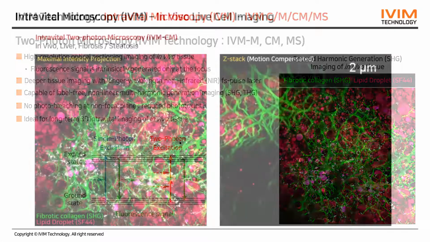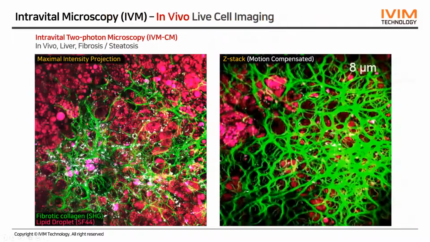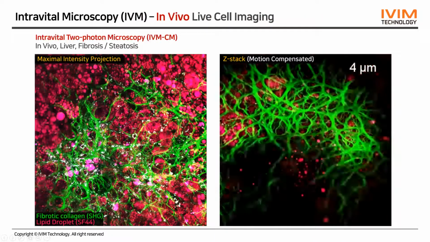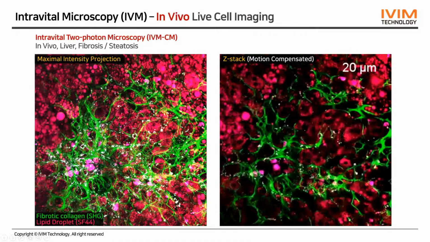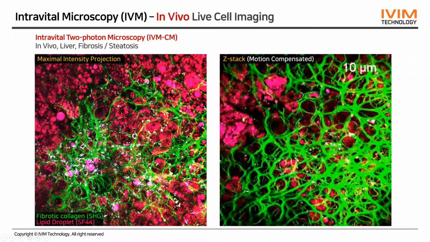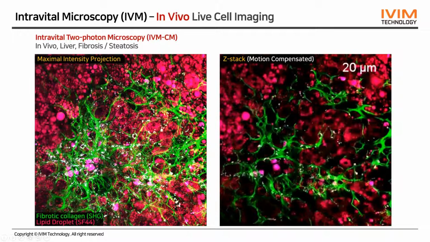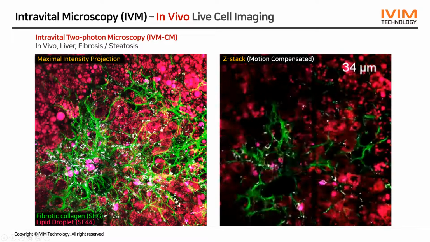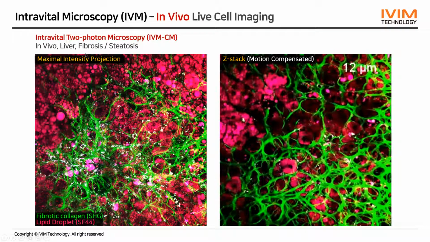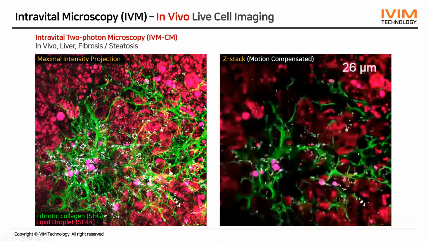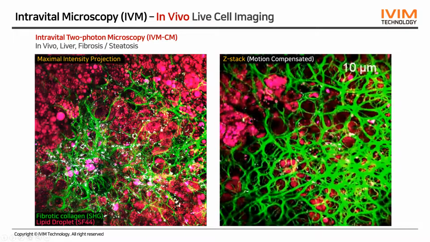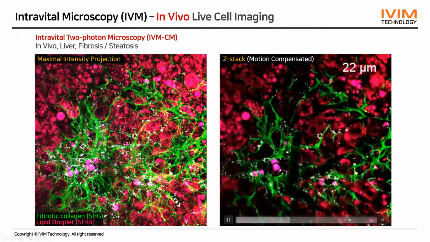This is a liver fibrosis and steatosis model image. The red color is lipid droplet, and the green color is the collagen fiber in the liver. These are label-free images. By simply detecting the second harmonic generation signal using a two-photon microscope, we can detect the collagen deposition and the lipid droplets at the same time, as shown in this example.